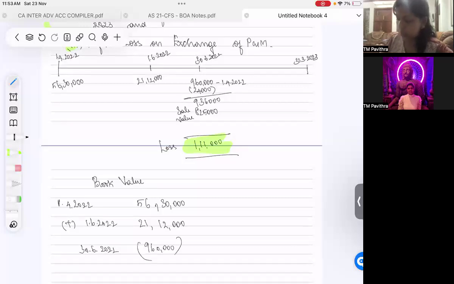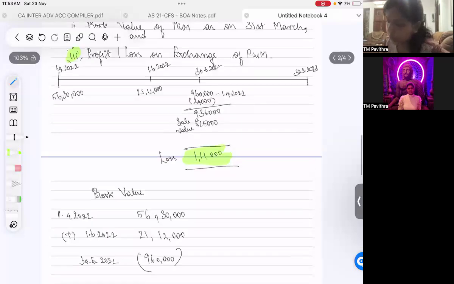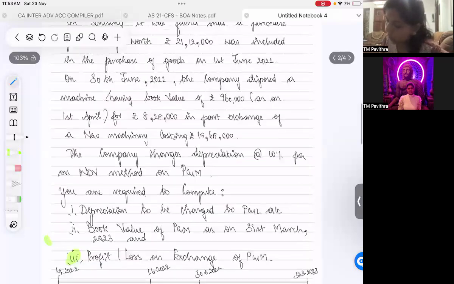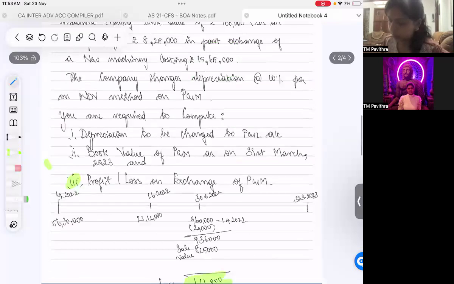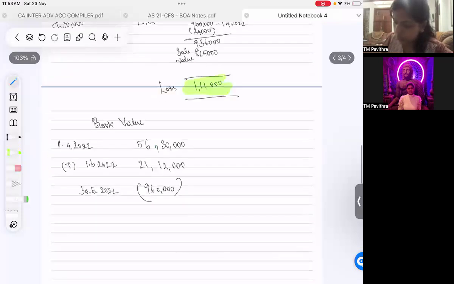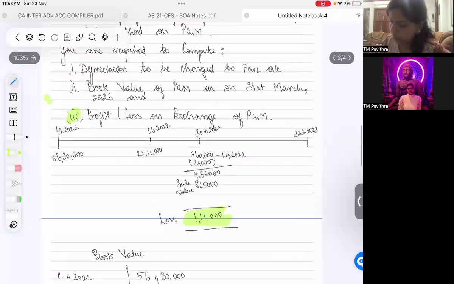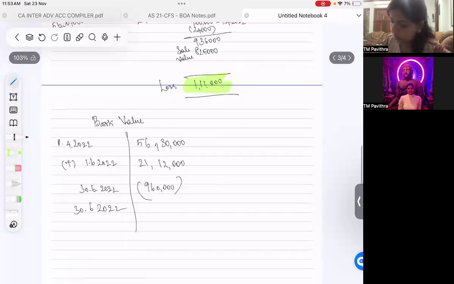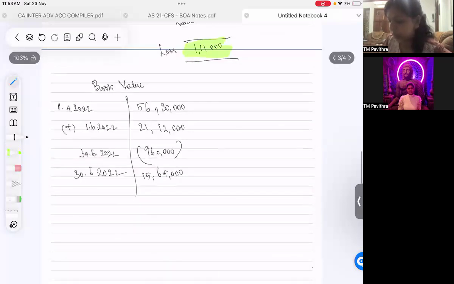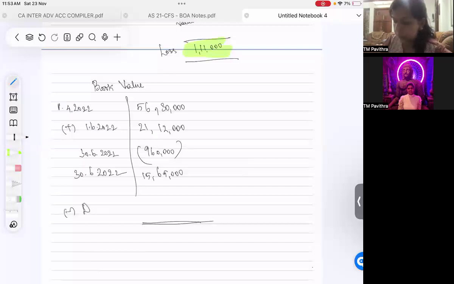We have acquired some machine for a value of 15,65,000. We will quickly write it down. As on 30/6/2022, we have acquired a machine for rupees 15,65,000. But this doesn't end here, because to arrive at the book value, we should also deduct the depreciation chargeable.